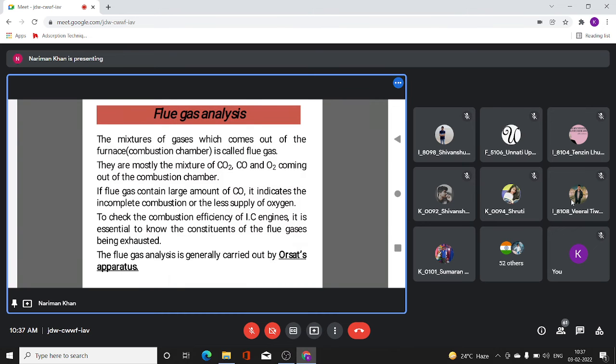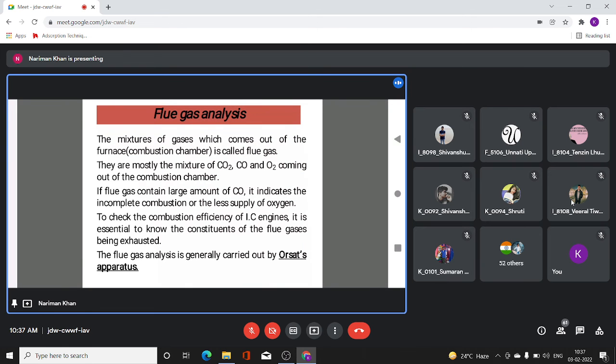So flue gas analysis. First of all, you must know what is flue gas and what the composition of the flue gas is, and how these gases are analyzed in a particular fuel. Whenever a fuel burns, a mixture of gases comes out from the furnace. Whenever we burn any fuel in a furnace, in addition to the residue which remains in the furnace, certain gases evolve out.